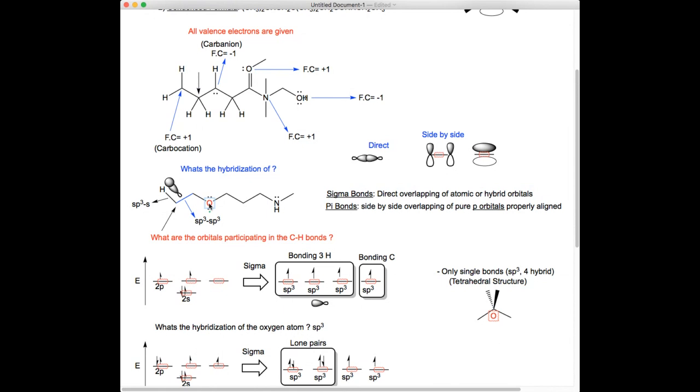Why? Because that oxygen is sp3 hybridized, and the lone pairs are in sp3 hybrid orbitals. Exactly. Every atom is going to hybridize before bonding to carbon or in between them in organic molecules, okay?